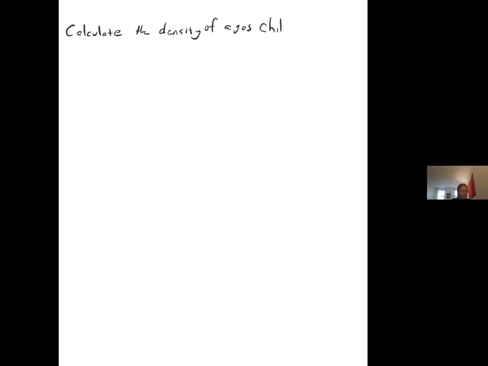Chlorine, I'm sorry, chlorine pentafluoride. So calculate the density of chlorine pentafluoride at exactly 10 degrees C and exactly 1 atm. Okay, and then they tell you assume it's an ideal gas, that it obeys the ideal gas law, which is perfectly fine.